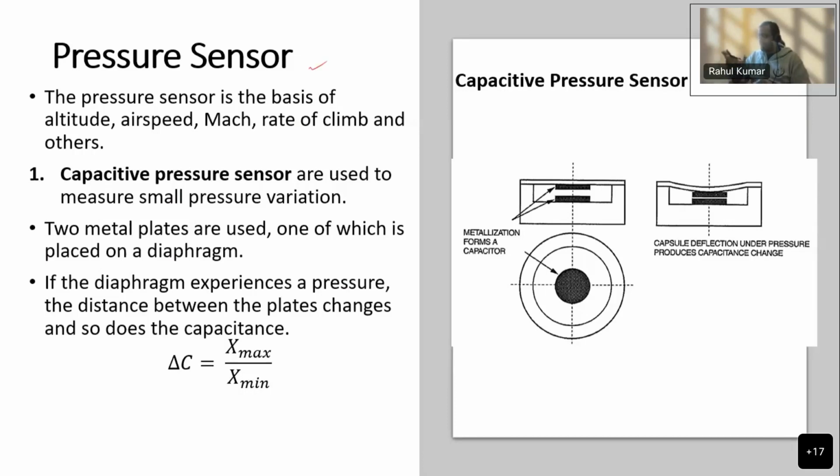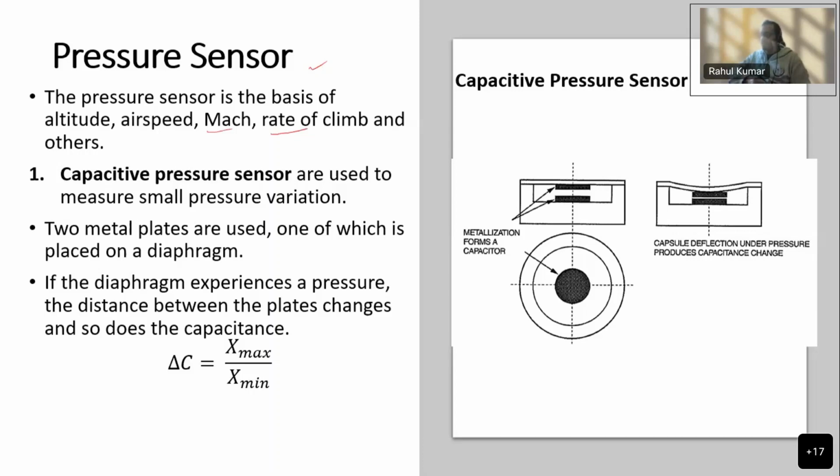We have seen that pressure measurement is the basis for calculating the airspeed and the altitude, and along with that the pressure value can be used to calculate the Mach number, the rate of climb and many other measurements.